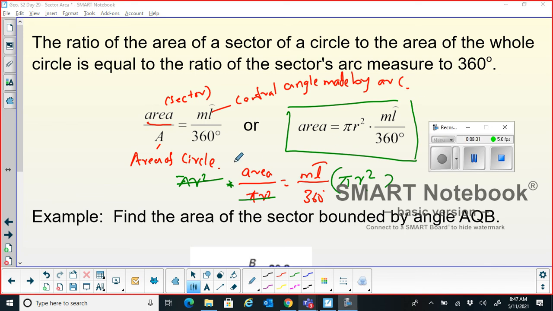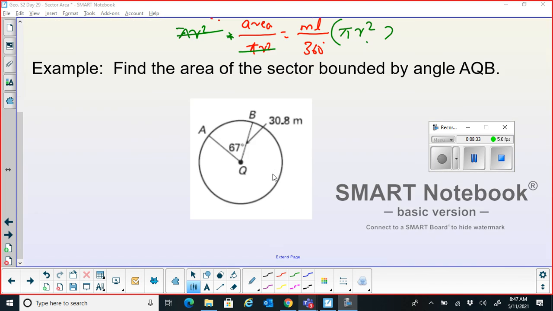Let's see a problem based on this particular formula. I'll do this one for you all. Find the area of the sector bounded by angle AQB. First, let's write the formula for area of sector. We know that area of sector is nothing but pi r square, the area of the circle, times the central angle of this sector, 67 degrees, divided by 360 degrees.